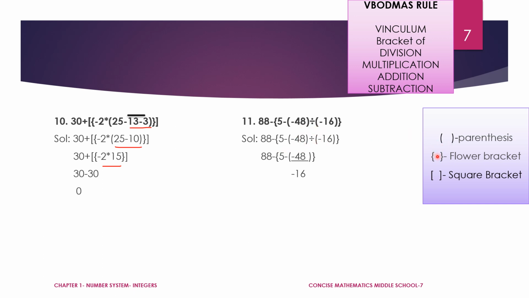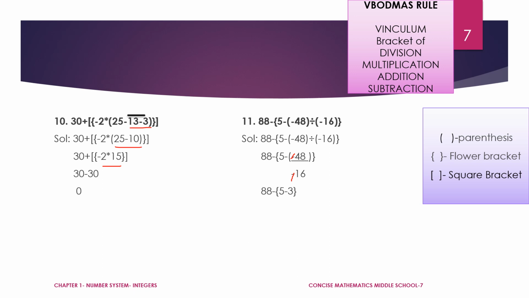After this parenthesis, flower bracket should be given the importance. So in this flower braces you have division. So now you can just remove this. Minus minus gets cancelled. See, minus minus gets cancelled. 16 threes are 48. 88 minus 5 minus 3.